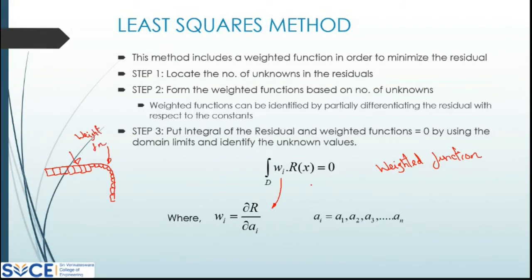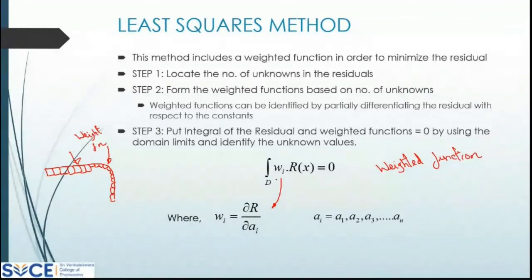I say that at this location I need some weight. That weight is for some error, so I am going to rectify that error. To rectify my error, I am multiplying by something. That is what we call a weighted function.